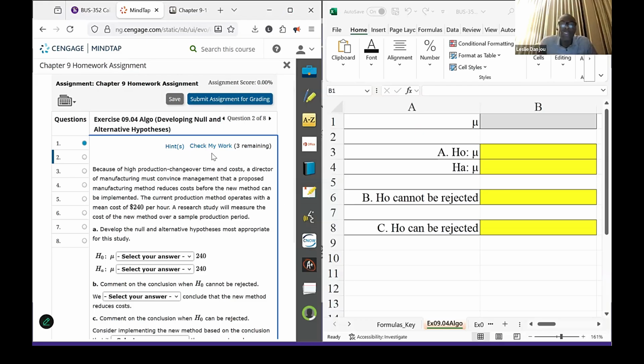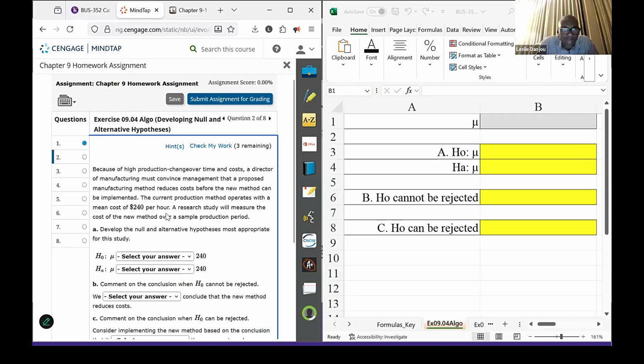Look in here and see anything that says less than, greater than, before, after, it is, it differs, it reduces, it increases. Look in this paragraph and see if you see any key word.